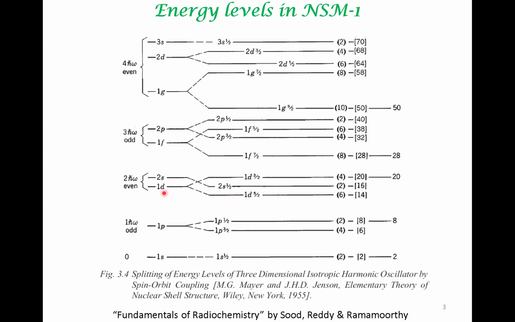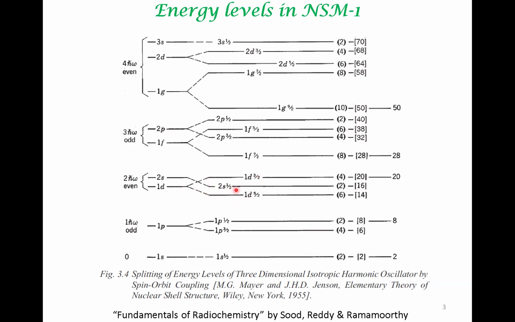Likewise, for a d orbital, L is equal to 2, so you can have L plus S, that is 2 plus half, and J can be 5 by 2. When you have 2 minus half, that is L minus S, you can have J as 3 by 2.